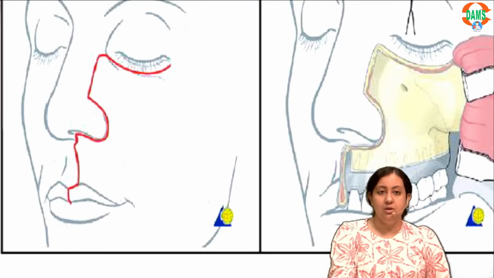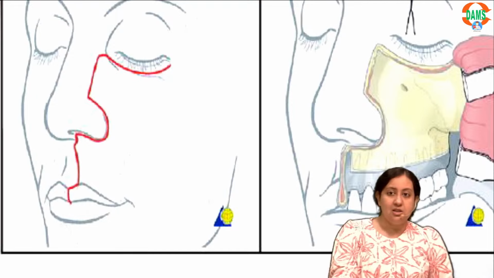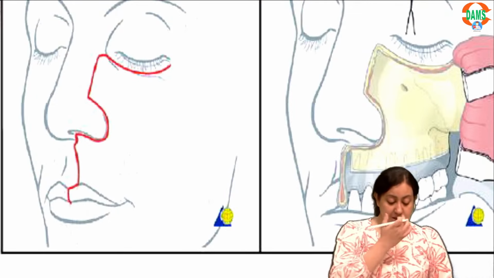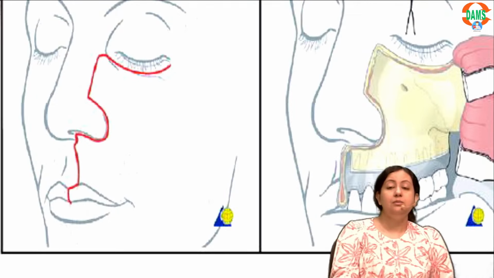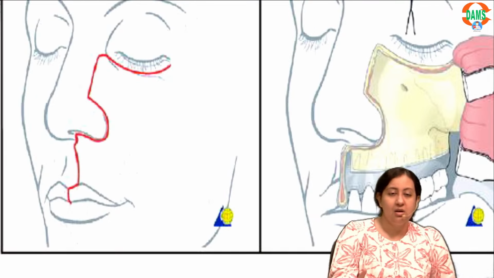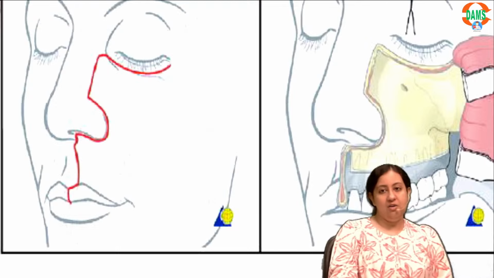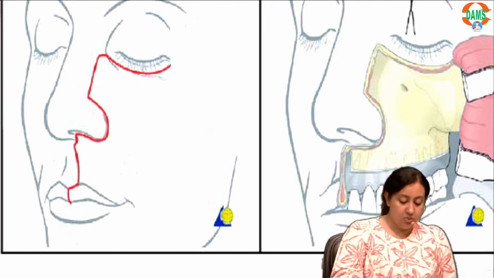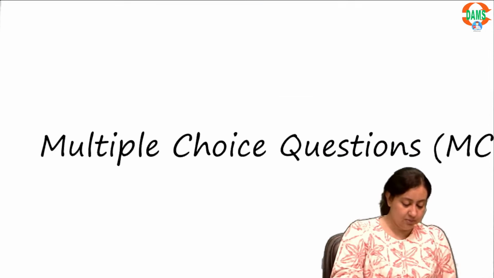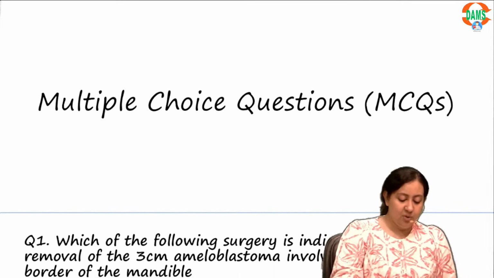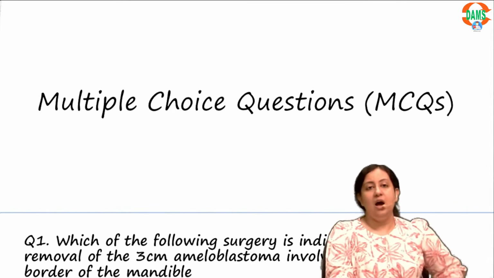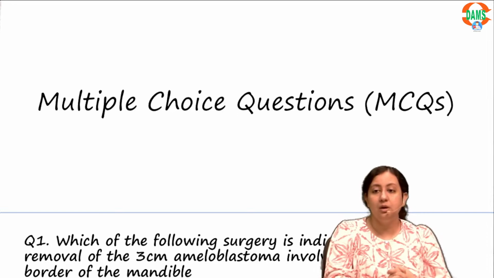The visual also has been asked previously. So please take note of this. You will be asked either to name it or to identify it. Now that is all that we have for the treatment of tumors of the jaws.